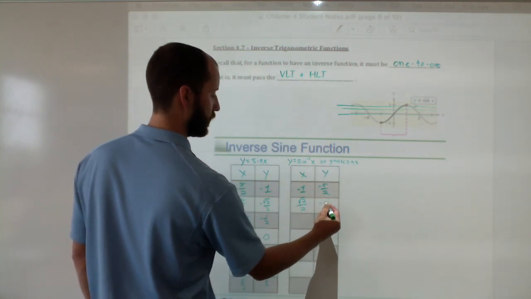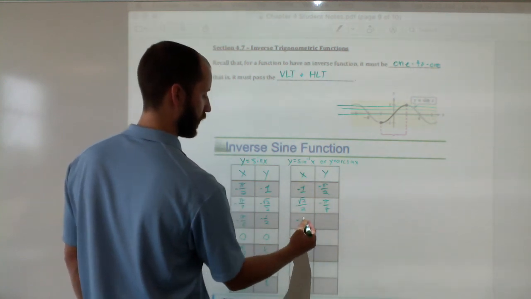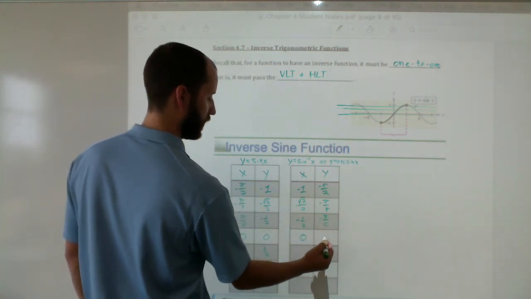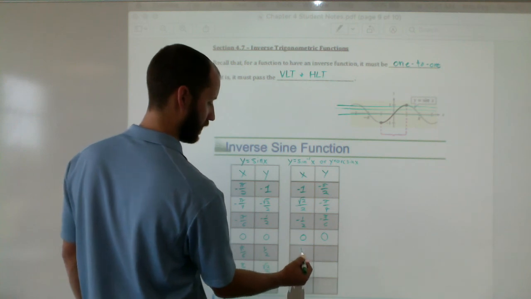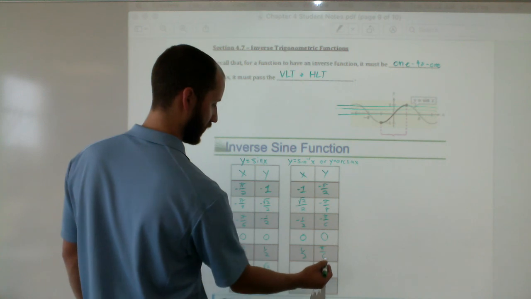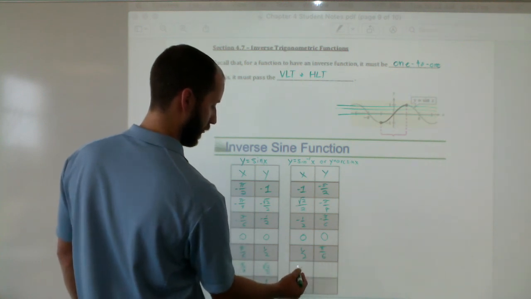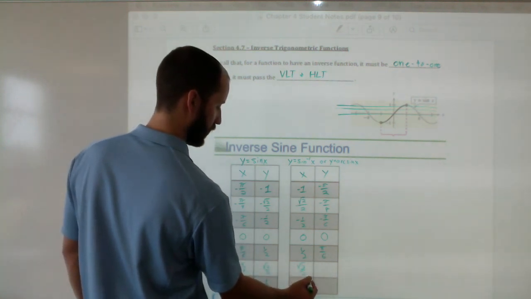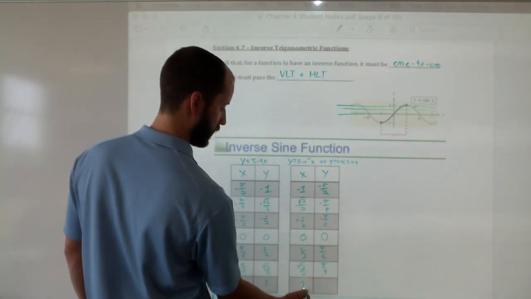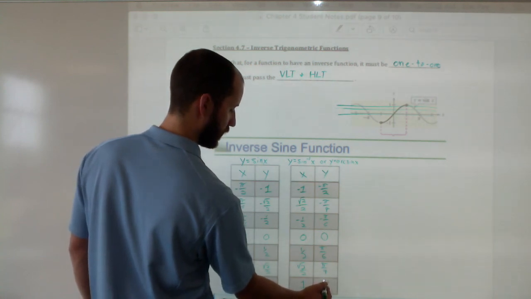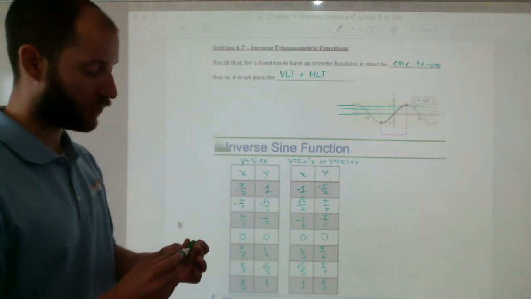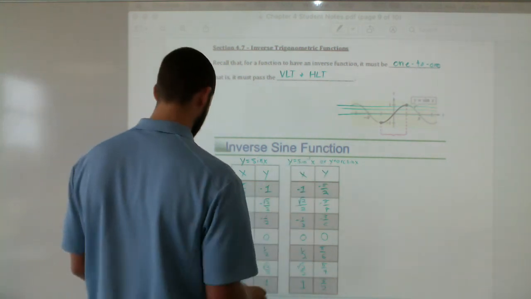Negative root 2 over 2, negative pi over 4, negative 1 half, negative pi over 6, 0 and 0, not much happening there. 1 half and pi over 6, root 2 over 2, pi over 4, and then finally 1 and pi over 2. So we created a table of values for our inverse trig.